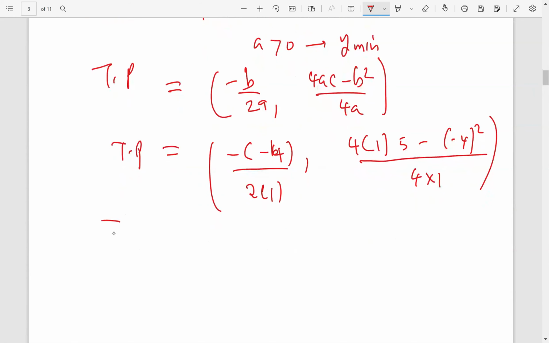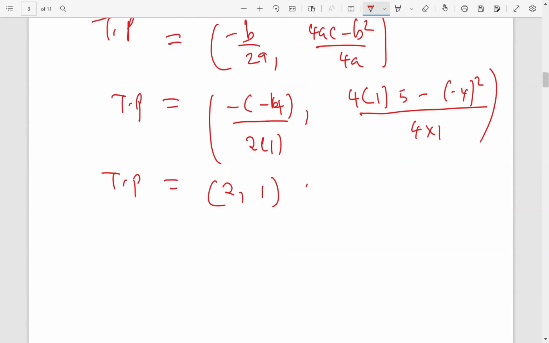So the turning point, dear students, will be 2, comma, 20 minus 16, which is 4, over 4, which is 1. So the turning point is 2, comma, 1.